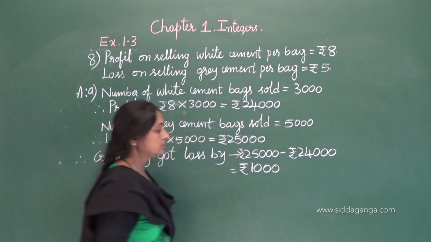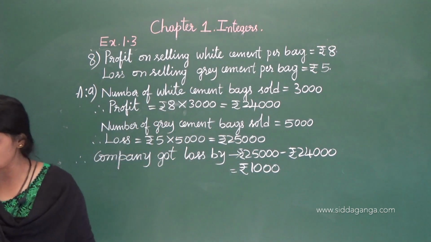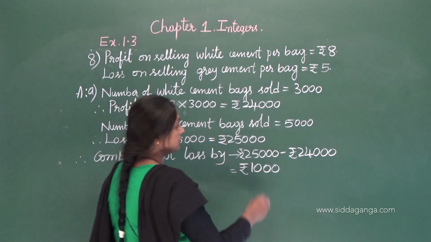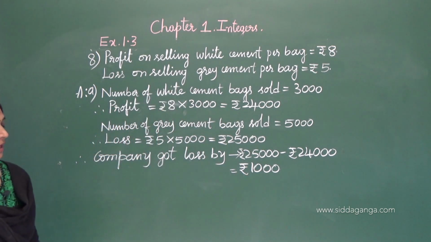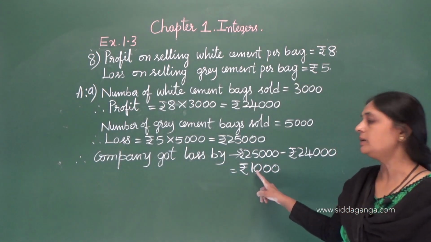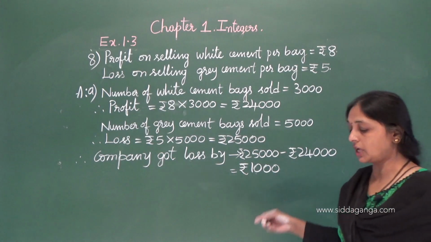Okay, minus 1,000. So we don't write it like that, it's 1,000 rupees. They got loss by rupees 1,000.